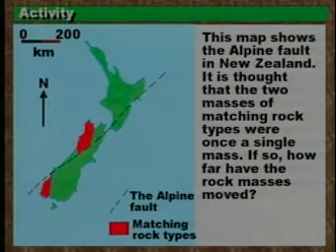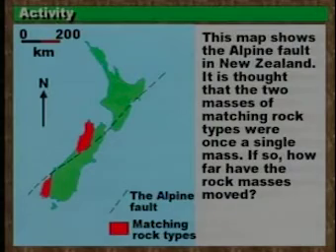This is similar to the work we did on the San Andreas Fault and the movement, looking at Los Angeles and San Francisco, when we looked at where they would shift or move to if the plates are moving at different rates. Similarly, you have an example now of the Alpine Fault.